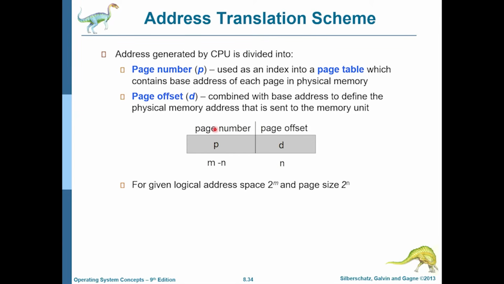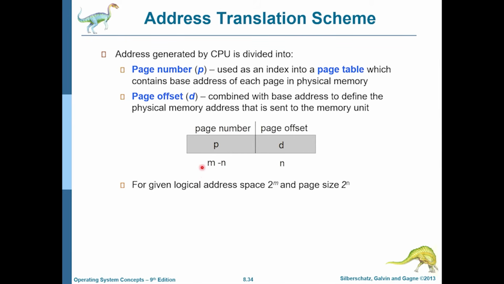So if we have a table where there are page table entries which specify information about a page, then how many entries will that page table have? It will have 2 to the power m minus n, because m minus n bits are used to signify page numbers. So how many page numbers can there be?